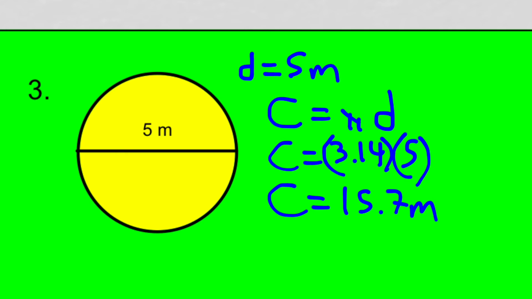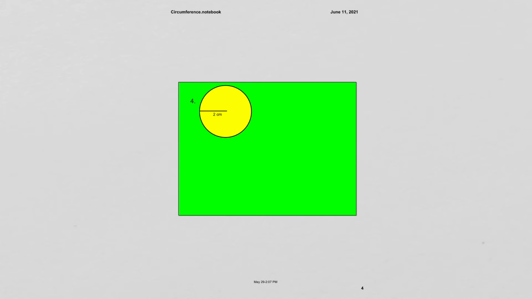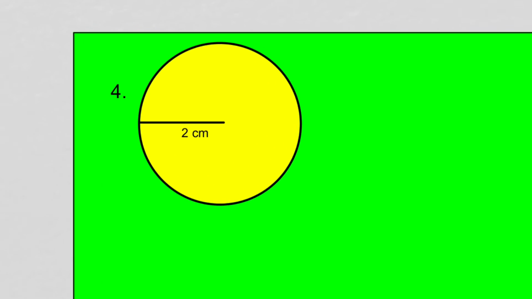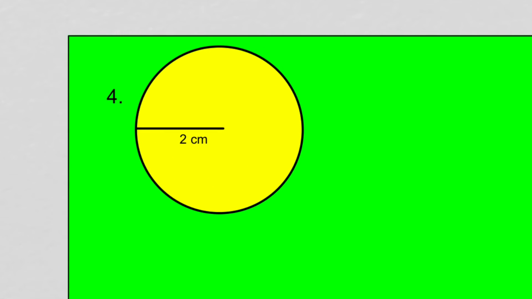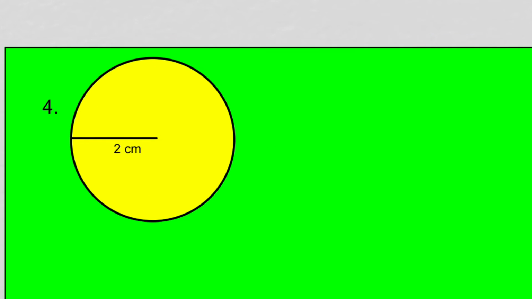Now let's look at something a touch different than this now. Look at number 4. In number 4, we want to know the circumference of the circle, the distance around, but this time we are not given the diameter, we are given the radius of the circle, right? We are given R. R is 2 centimeters.